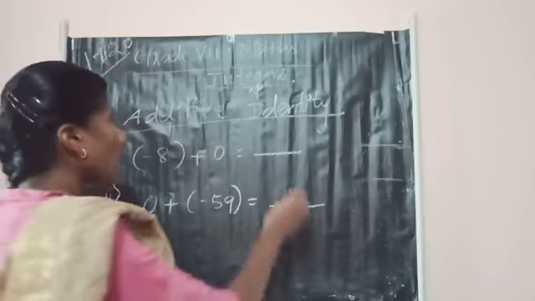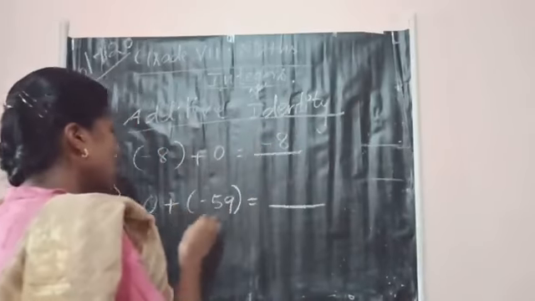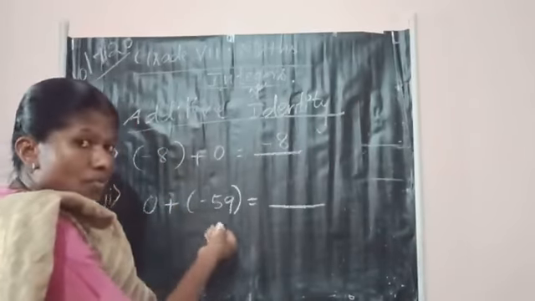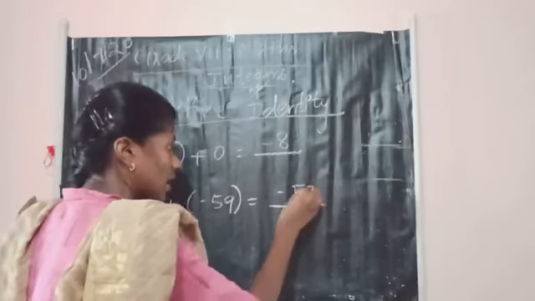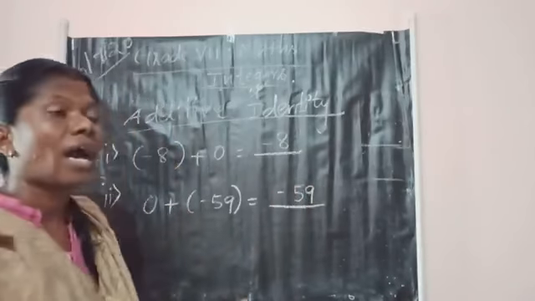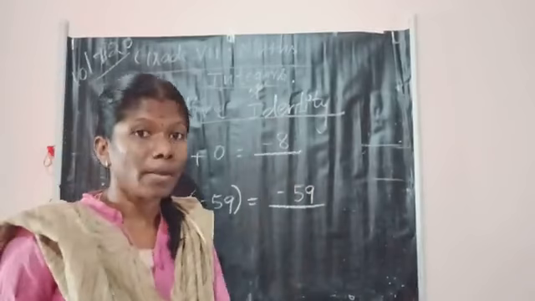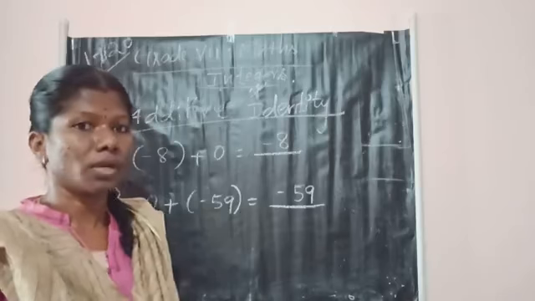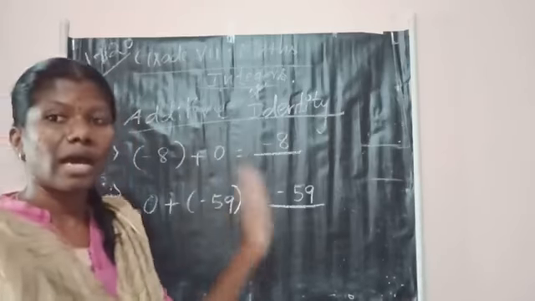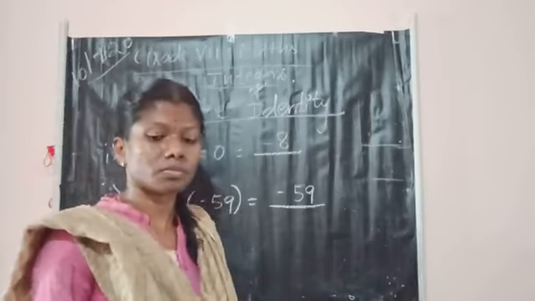The value is minus 8. And 0 plus minus 59 is minus 59. So the rule is, when you add 0 with any whole number or negative number, you will get the same value. That is the additive identity.